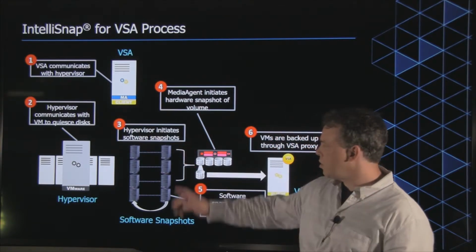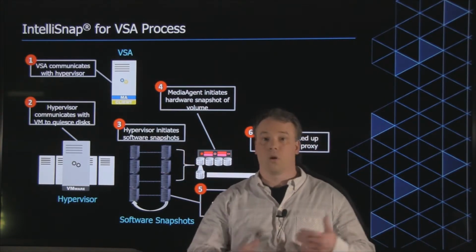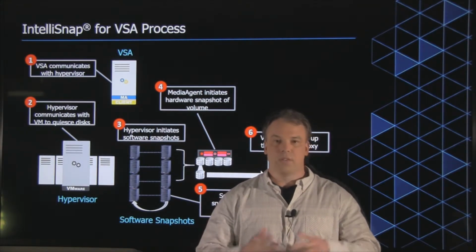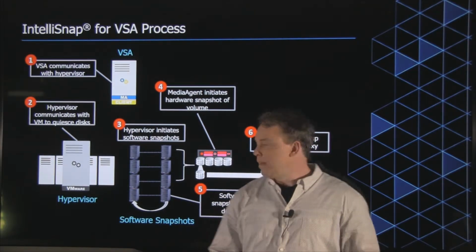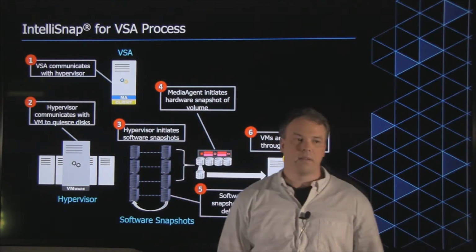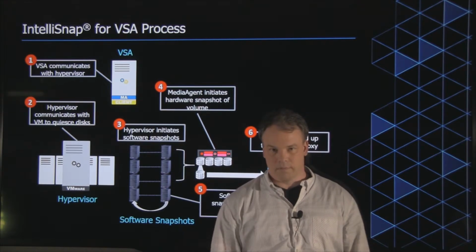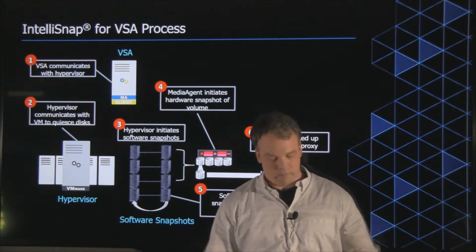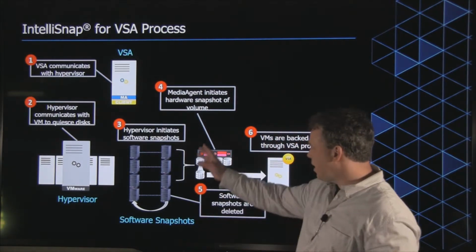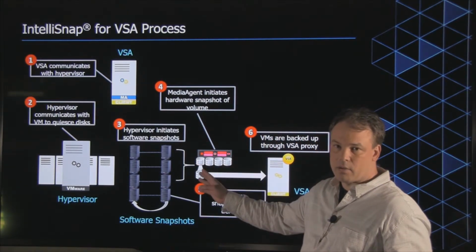But let's take the bad environment. That is, there are certain VMs that we'll call trouble VMs, high transactional VMs. What we want to be able to do is do hardware snapshots on them. And some of them are here, some of them in this data store, some of them in that data store, and the virtualization guys don't want to mess with them. Say, we don't care. Fine. You don't have to identify every virtual machine within the data store.